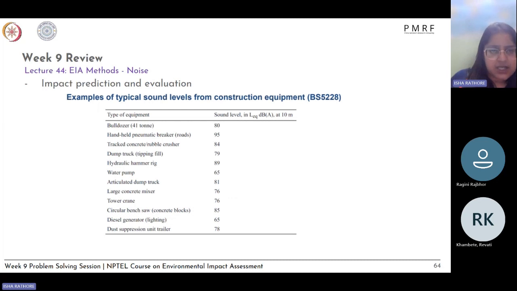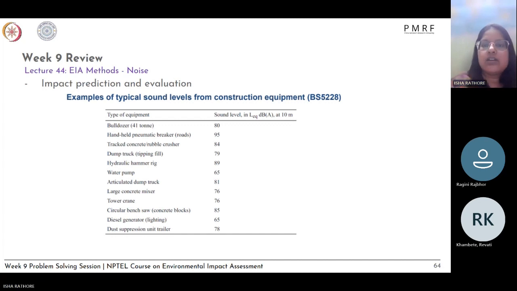So this is an example just to see what kind of sound levels construction equipment generate. A bulldozer generates a sound level of 80 decibels at a 10-meter distance. So if you are standing 10 meters from a bulldozer, you get 80 decibels of sound. A lot of these construction related activities have sound levels in the range of 65 to 90 or 100.